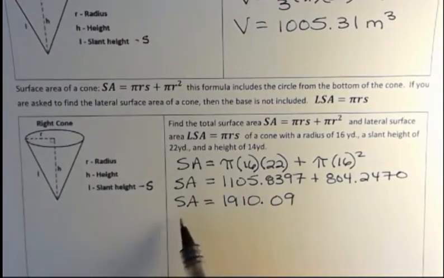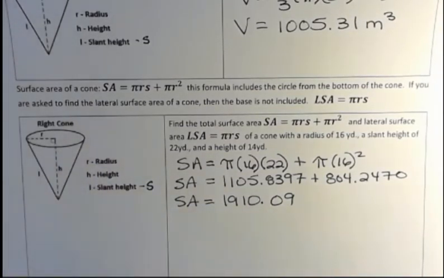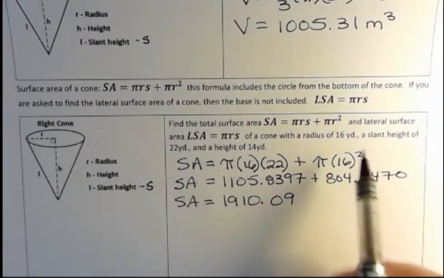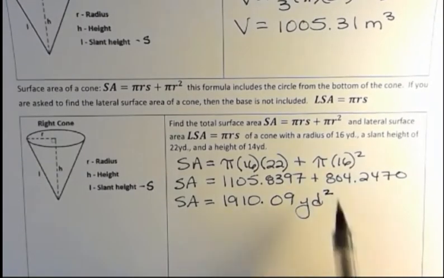This surface area includes the entire lateral surface plus the base. Area is to the second power, and this was yards, so it would be yards squared.